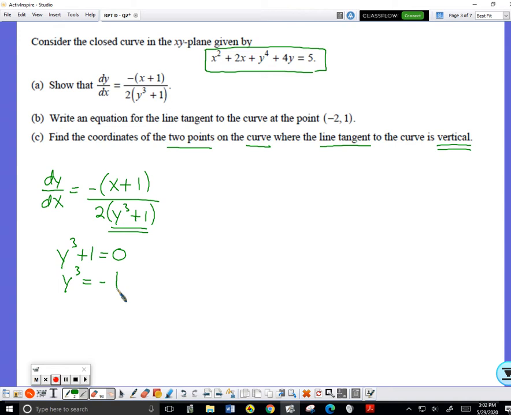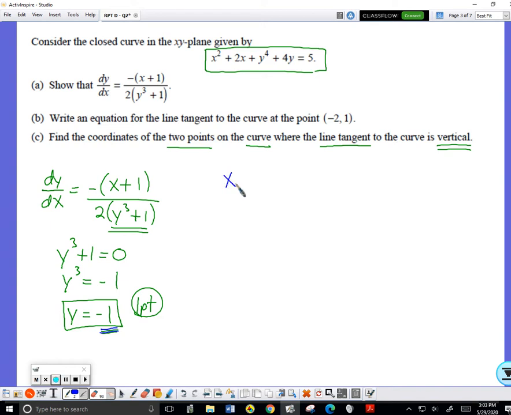Therefore, taking the cube root of both sides, you're going to get that y has to equal -1. So there are 2 points whose y-coordinate is -1. Those are the 2 points where the line tangent will be vertical. If you get this far, they'll give you a point. Now we just need to use the equation of the curve when y is equal to -1 to find the corresponding x-coordinates.